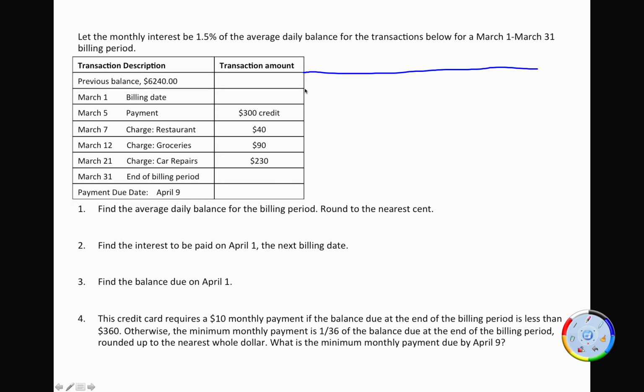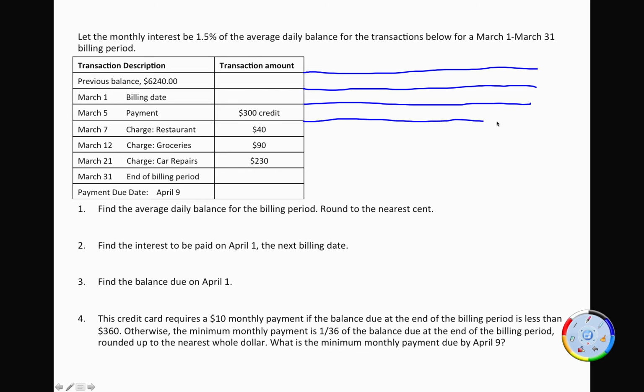So try to add some lines here. Y'all are by now very familiar with the fact that I cannot draw a straight line. But let's see what we can come up with.